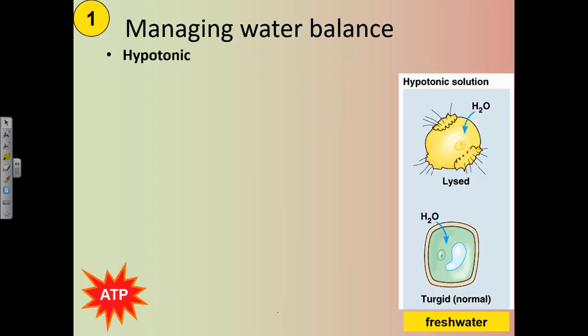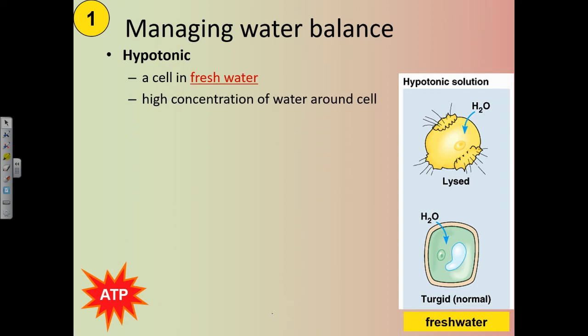The first one we're going to take a look at is hypotonic solutions. This might be a cell in fresh water. Fresh water would be hypotonic; there's a very high concentration of water around the cell. Over here in this picture, let's assume that this area here is water. We have an animal cell on the top and a plant cell down here at the bottom.